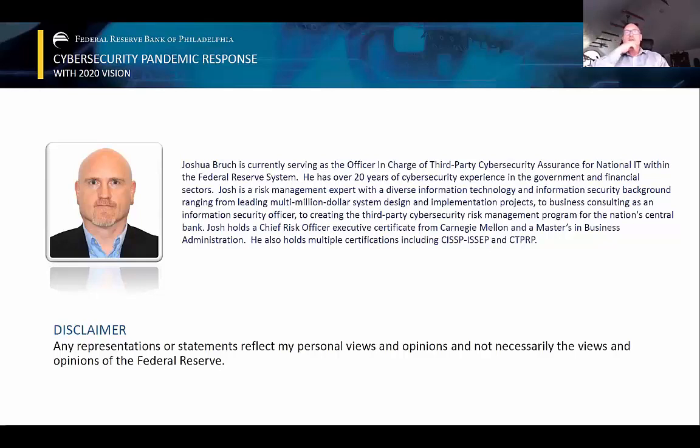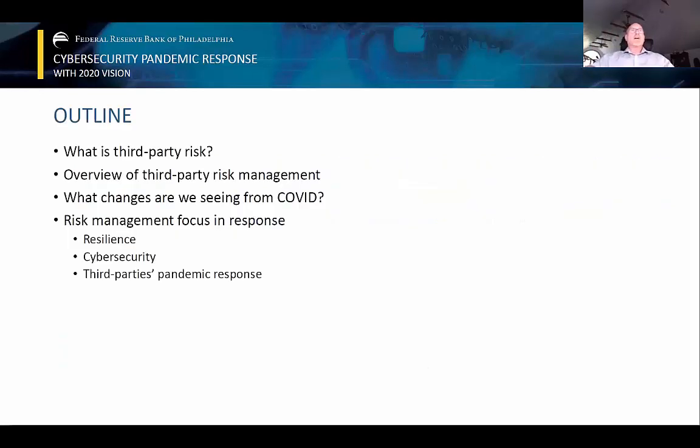Now that we're in the midst of this global pandemic, here is an outline for today. I wanted to level set a little on third-party risk. What is it that I'm talking about when we say third-party risk?